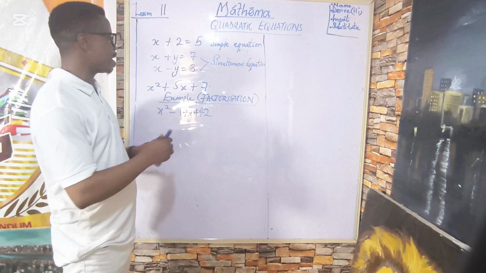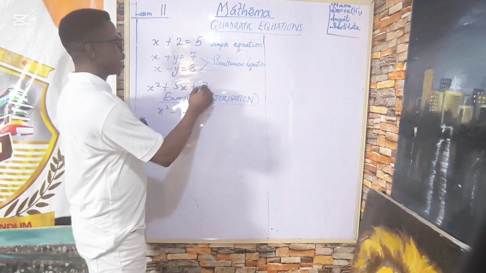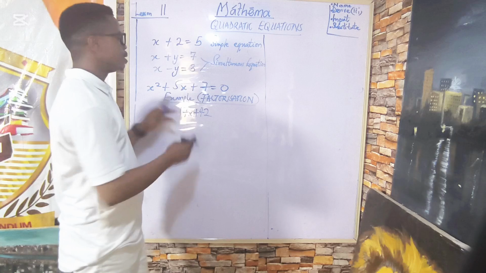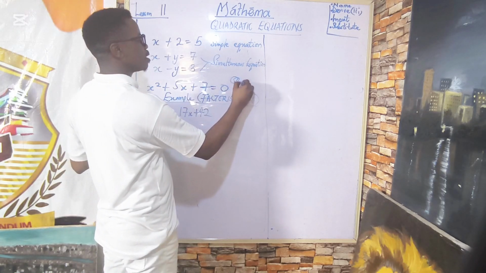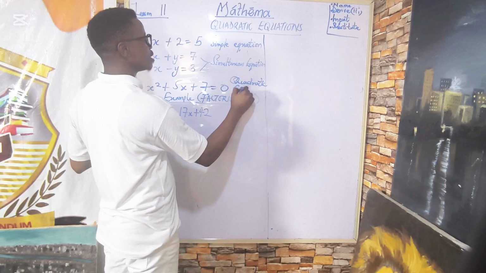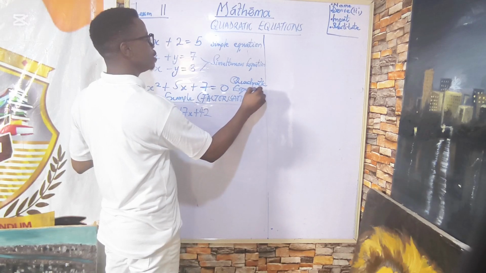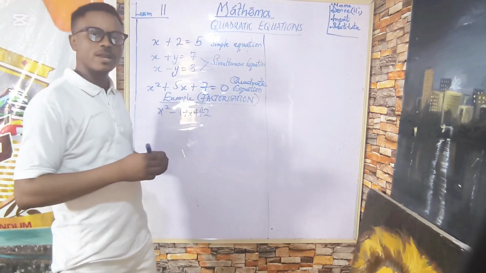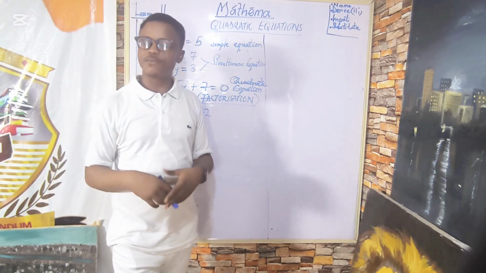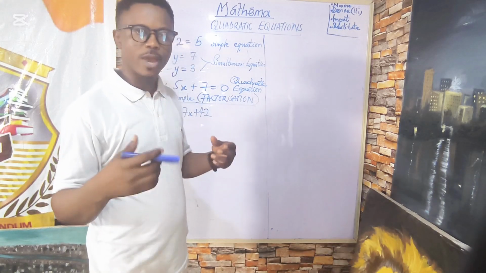Here we have x squared plus 5x equal to 0. This is what we call a quadratic equation. A quadratic what? Equation. So very quickly, how do we differentiate a quadratic equation from every other type of equation?